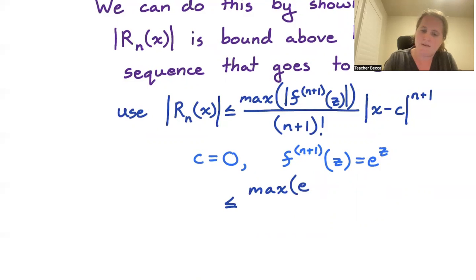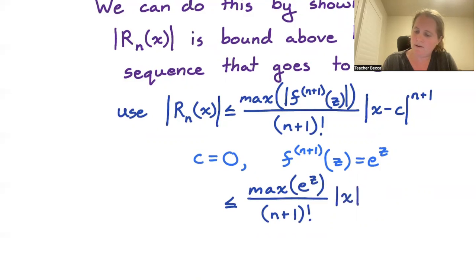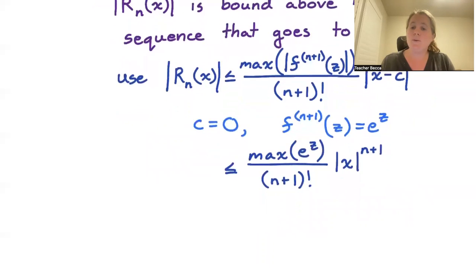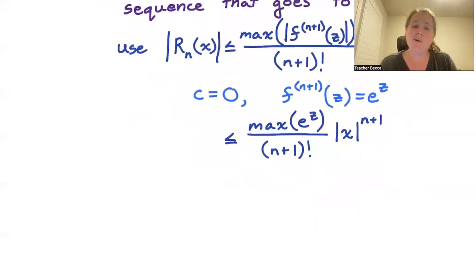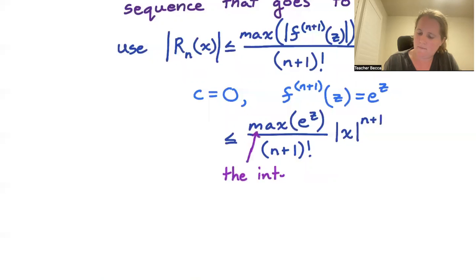And then that's over n plus 1 factorial. And then we're just multiplying by the absolute value of x raised to the n plus 1. So note, our interval I just needs to contain both x and c.